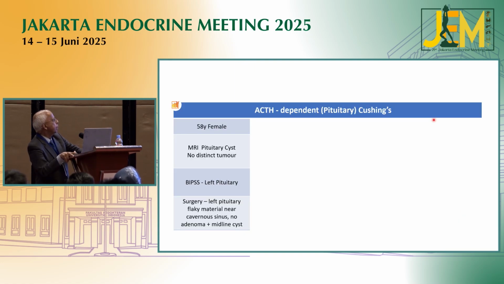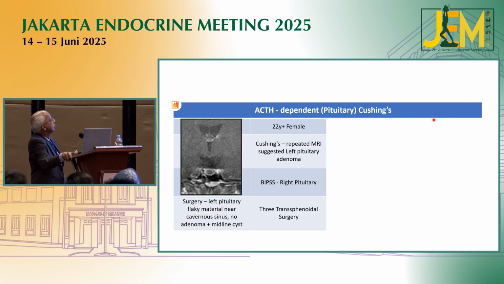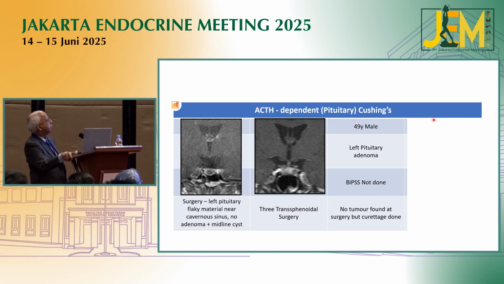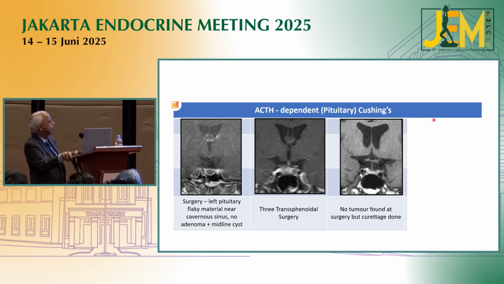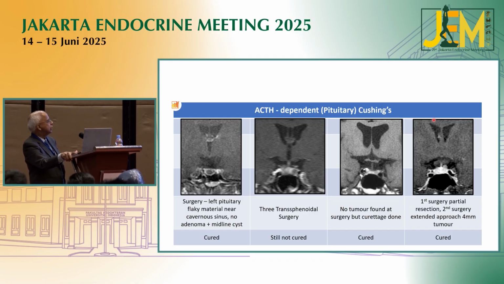These are 4 patients with Cushing's. 58-year-old female, MRI, cyst, BIPS done, showed left pituitary. You see a tumor. Female, BIPS done again, 3 transsphenoidal surgery. Male, no BIPS done, and female, 2 surgeries done for a tumor.